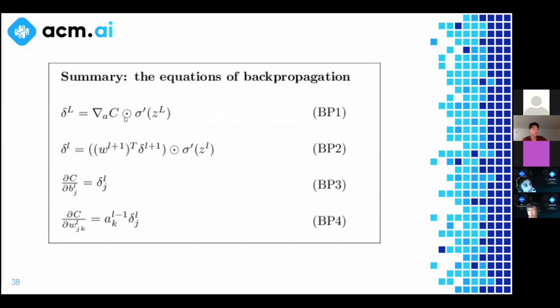Once you have that, you use the second equation to jump off of that, because now you have the errors in the output layer. You have a starting point, so you can go backwards until you're at the beginning. Then, once you have the errors for all of the neurons, you can use that to calculate these bias and weight partials using these 2 equations.